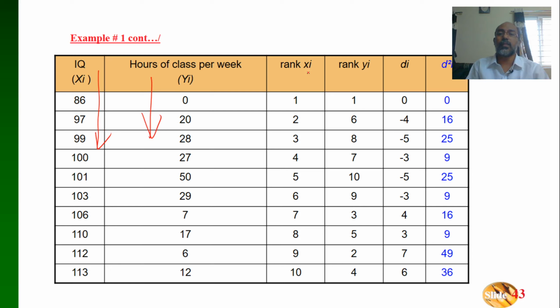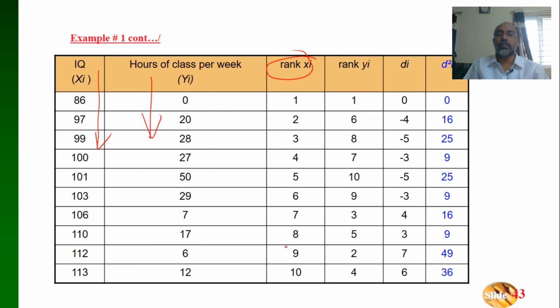These are the X ranks, 1, 2, 3, 4, 5 in the same ascending order for 86, 97 and so on up to 113. The Y ranks are given according to this. The least value is 0, then 1, then 26; there is 6, which gets second rank.